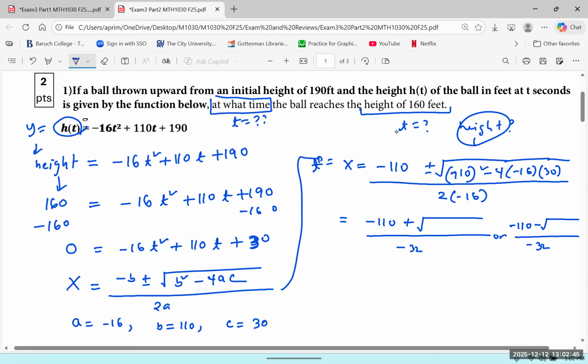So you go to the calculator and find out what the number is inside. I forgot the number. Do you have the number inside? Okay, then never mind. You have it after the square root, right? So what number do you have?